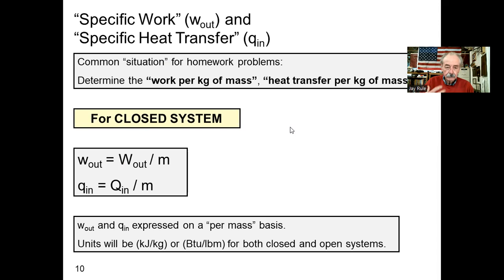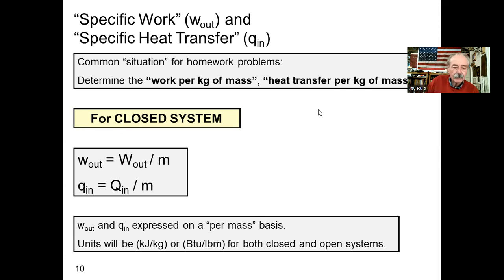Okay, now this is a little bit of a one-off slide and has to do with as you're working through your homework problems. Isn't it common, have you noticed, what's being asked for is the work per kilogram of mass, or the heat transfer per kilogram of mass?